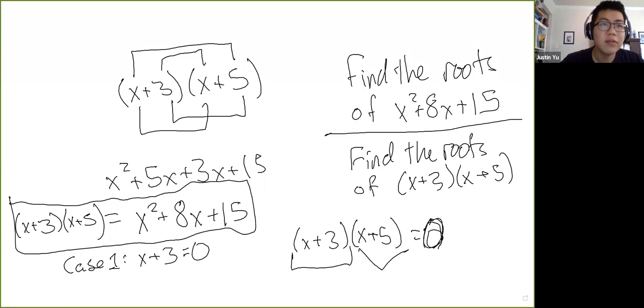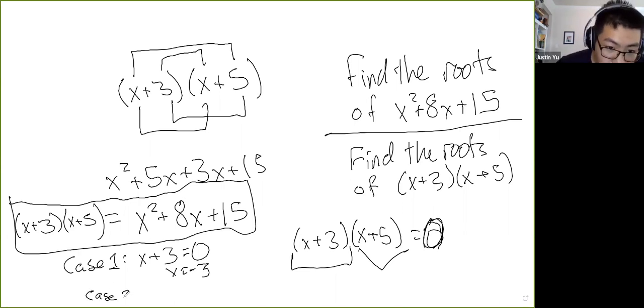I'm going to hope that we can, because what we do is, of course, subtract 3 from both sides. We get that x is equal to negative 3. Nice. Because when we plug it into here, we know this entire thing is equal to 0. So what's our other case?